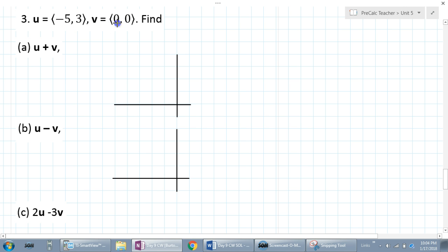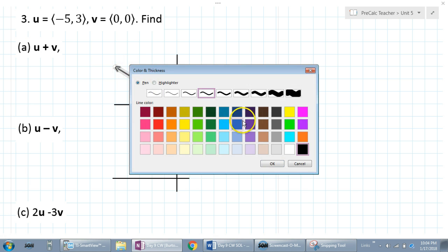I'm really not going to do anything with vector v because it's not really there. So, as I graph vector u, that's negative 5, 3. So in standard position, I would go left 5, let's see, 3, 4, 5, and then up 3. So here's vector u. I'm going to go ahead and make it blue.